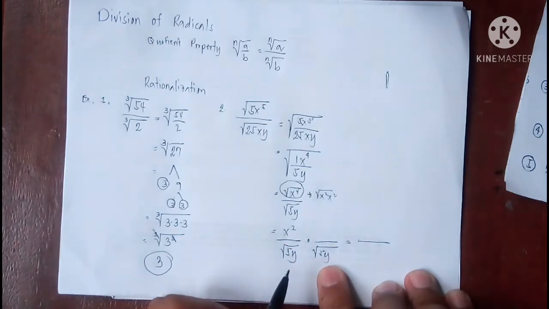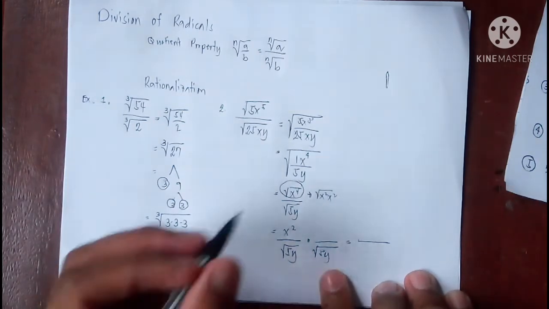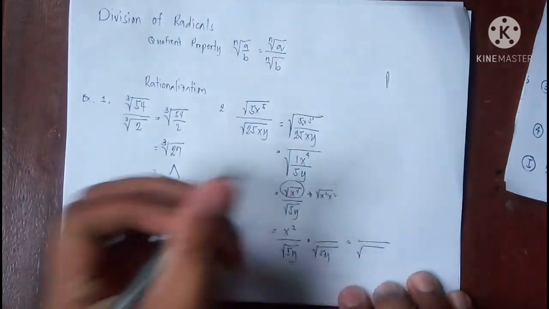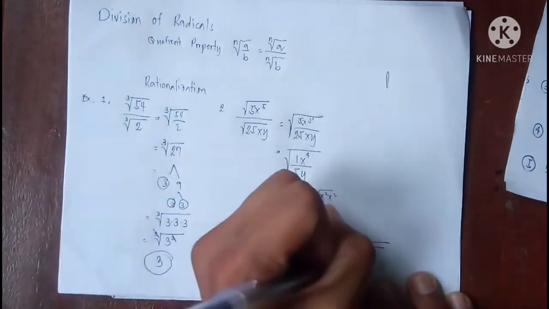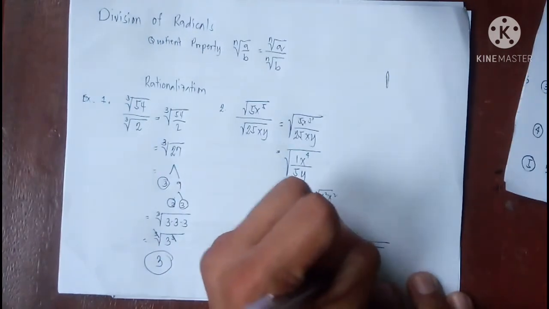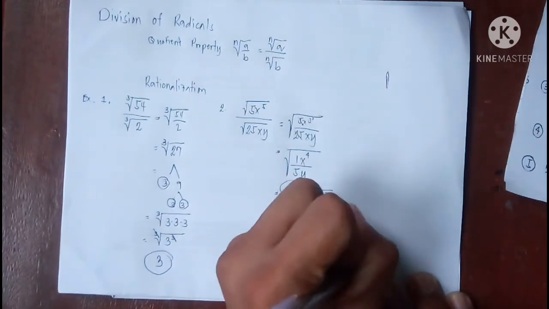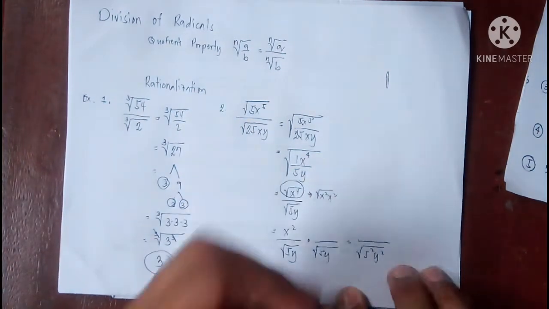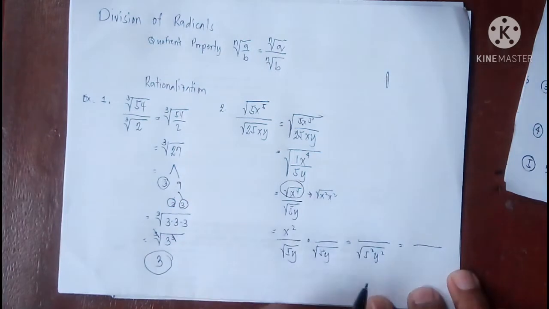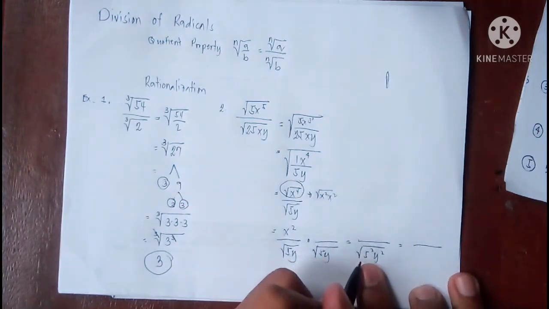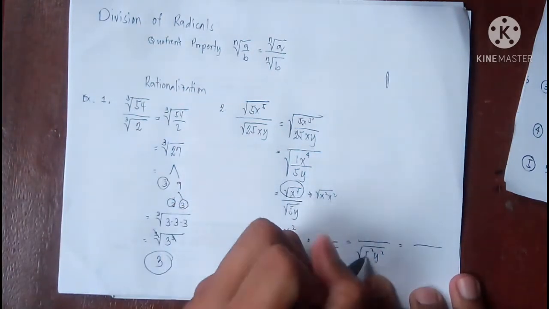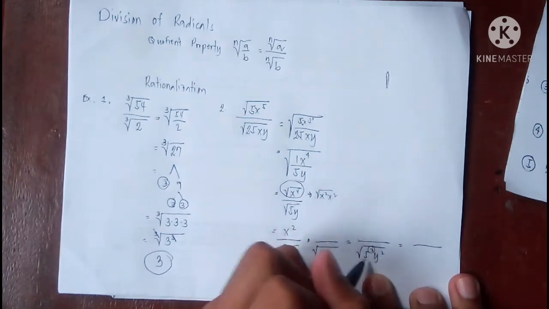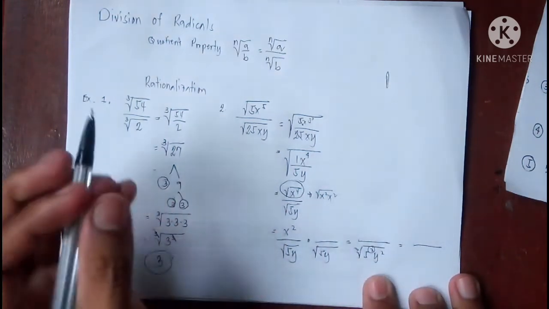applying the product property, magiging siyang square root of 5 squared y squared. Ayan. And then, applying the law of radicals number 1, yung exponent ng 5 natin ay pareho na kay index.